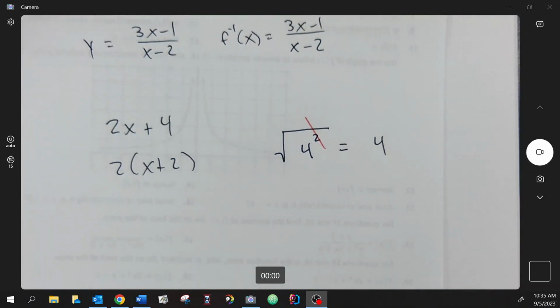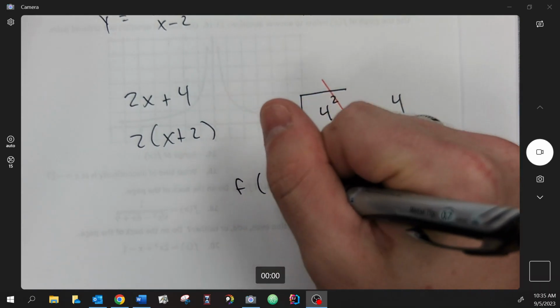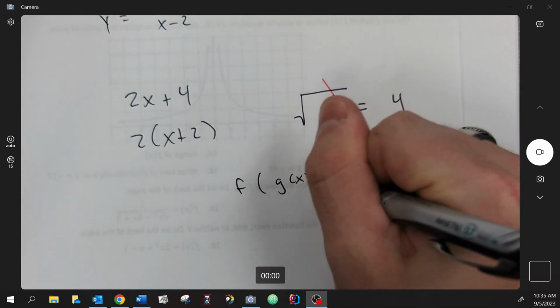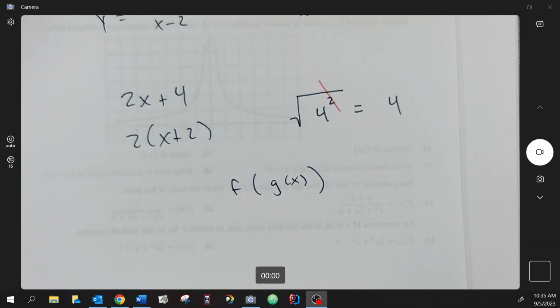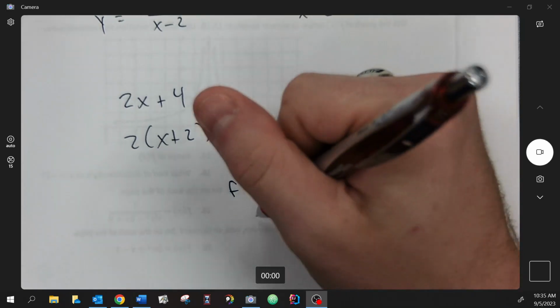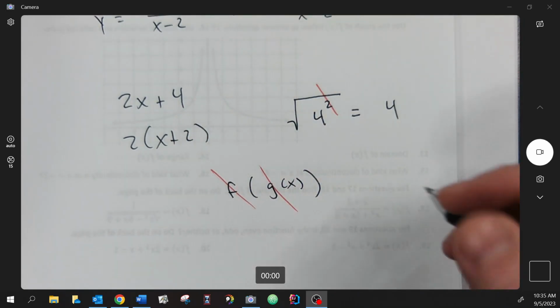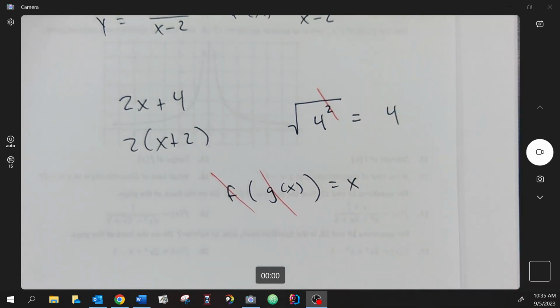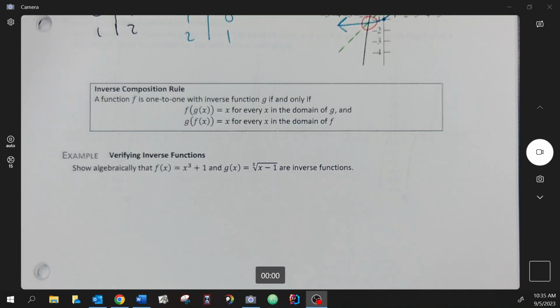Well, if you treat your functions as operations, and I tell you f and g are inverses, then they cancel each other and leave behind a lonely x. But that only works if they're 1-to-1. Cool? Okay.